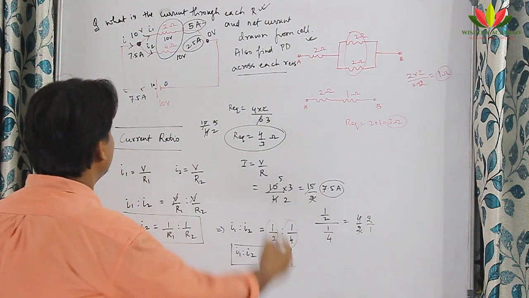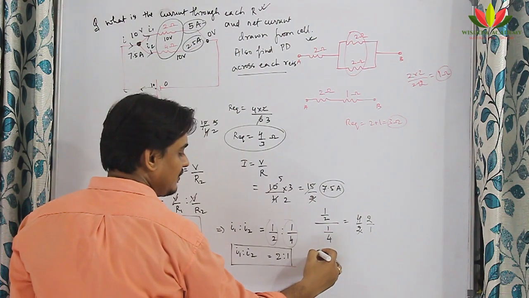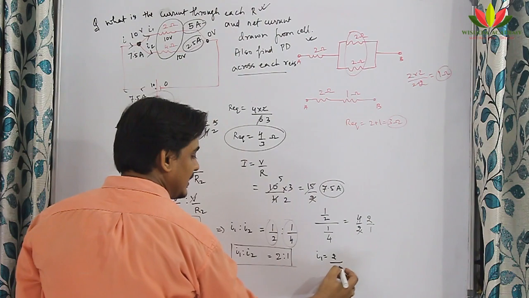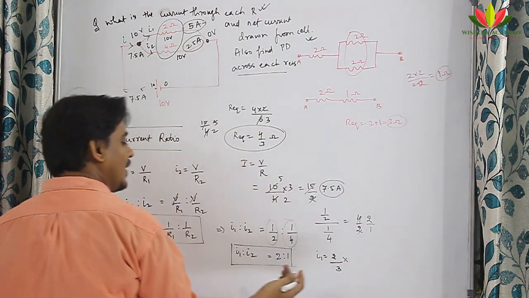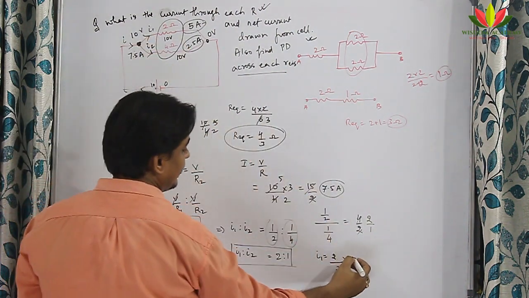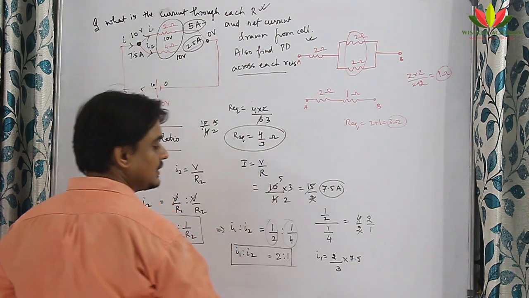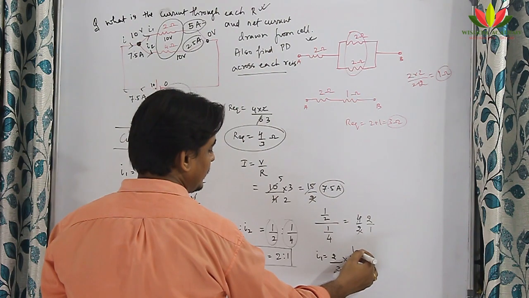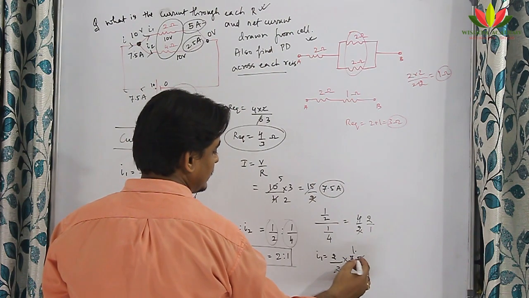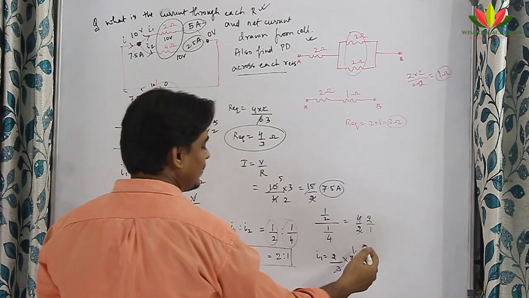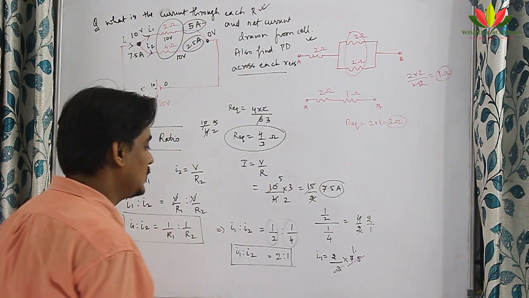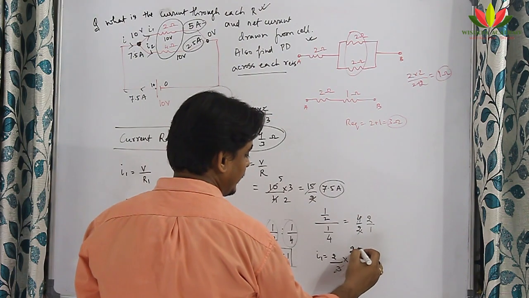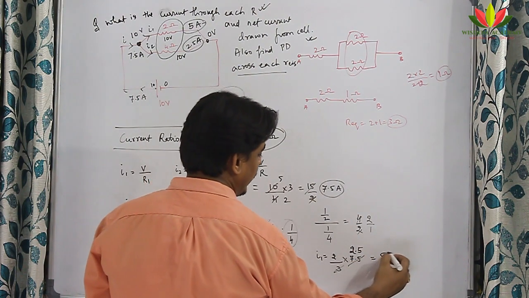So can I not write, if I want to find I1, it will be equal to 2 divided by total 3 into the current coming here, 7.5, isn't it? So let us check. 3 into 2.5 is 7.5, so 2.5 into 2 is 5 ampere.